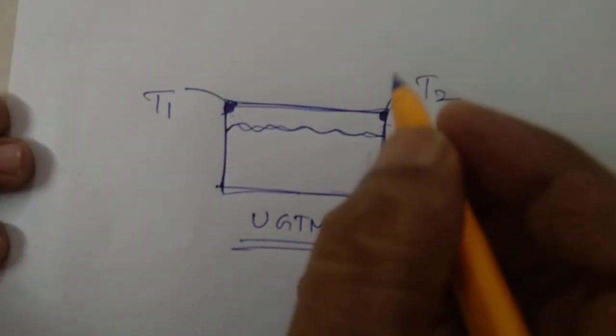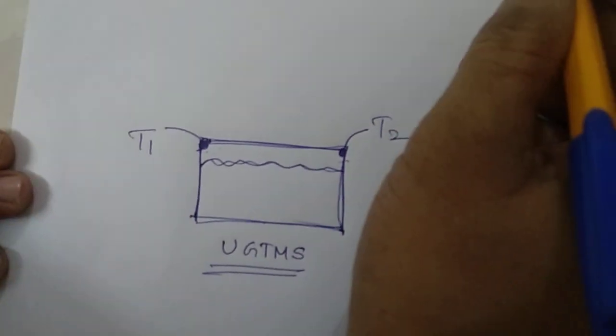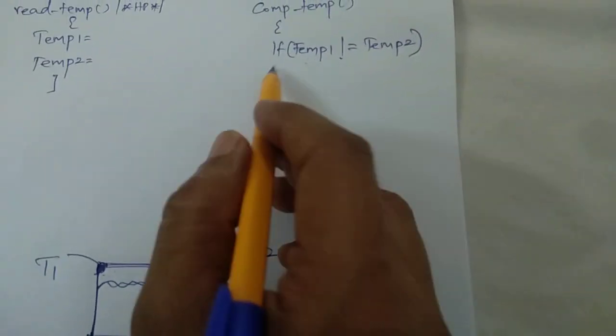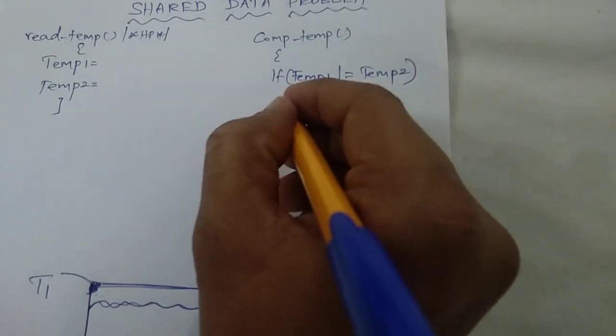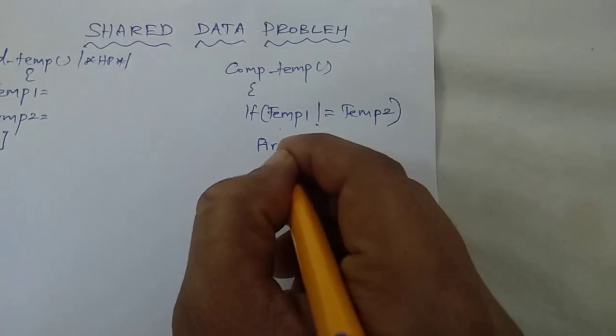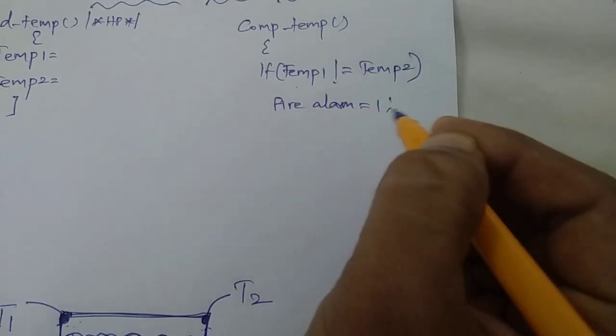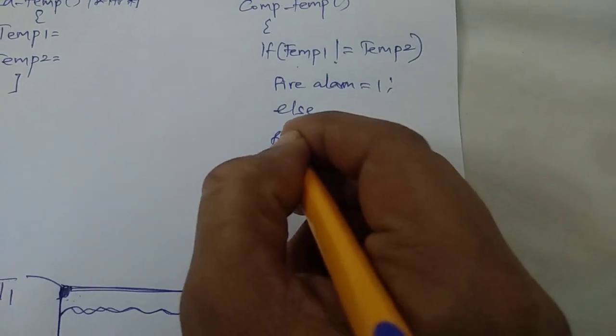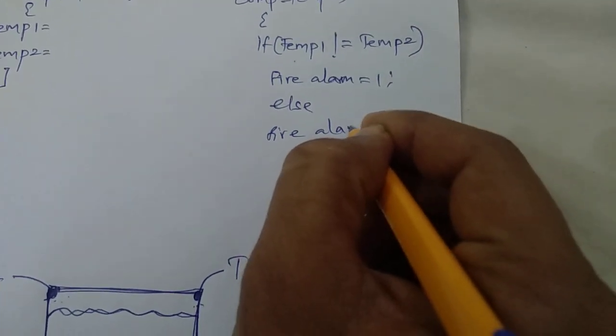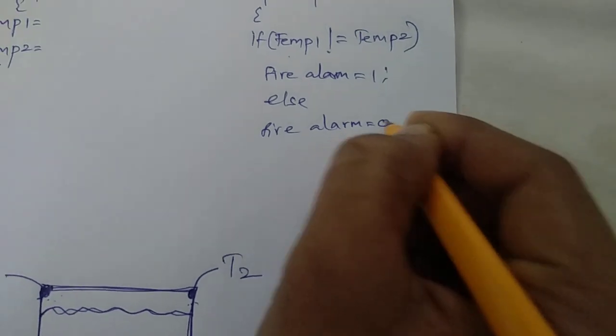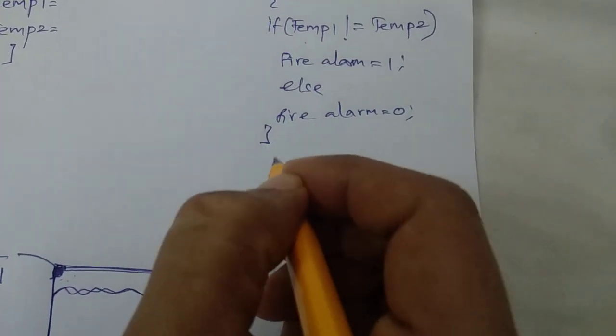That is the condition: you check whether temperature 1 is not equal to temperature 2. If both are not equal, we have to switch on the fire alarm: fire alarm equal to 1, else fire alarm equal to 0. Let us assume this is the code we have written.